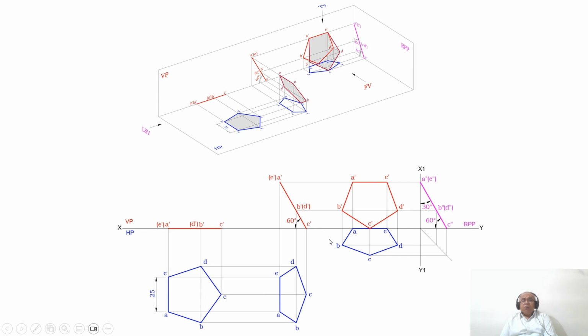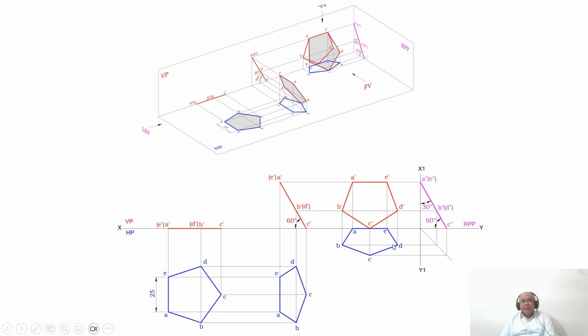And similarly, draw a horizontal projector from both B dash and D dash, and then from the origin on the XY line, by using the protractor, you measure an angle of 45 degrees and draw an inclined line.